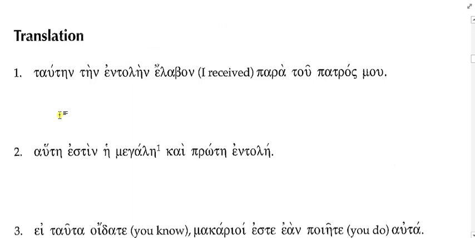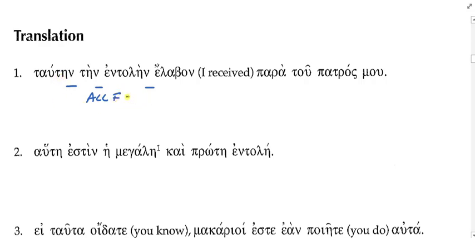Let's take a look at number 1 here real quickly, and we'll just focus on the pronominal usage. We have elabon, which he tells you is I received. And then what case are these forms here? Tēn, tautēn, and tēn. This is accusative. What gender? Feminine. Excellent.